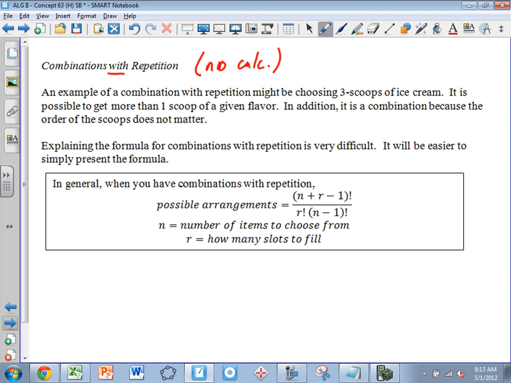You choose 3 scoops. There's nowhere that it says you can't choose the same scoop twice, right? You can choose chocolate. You can choose chocolate, vanilla, strawberry. You can choose cookies and cream, mint chocolate chip, and coffee. You can mix it up. You can repeat. So we have repetition.